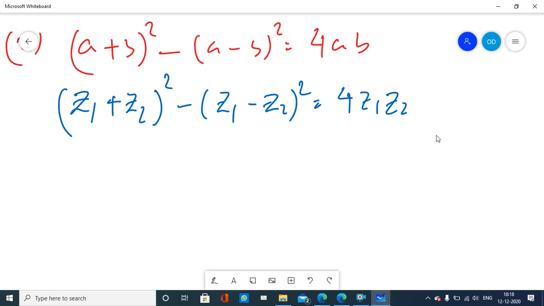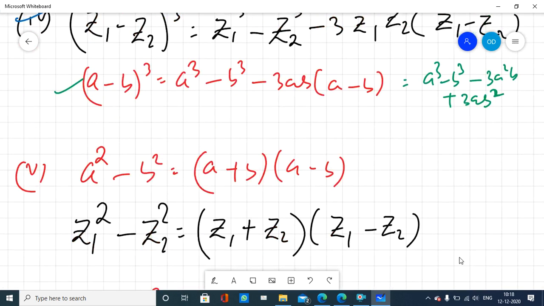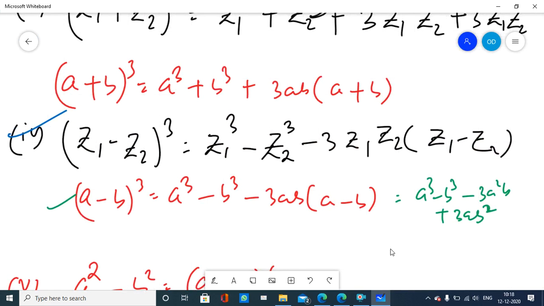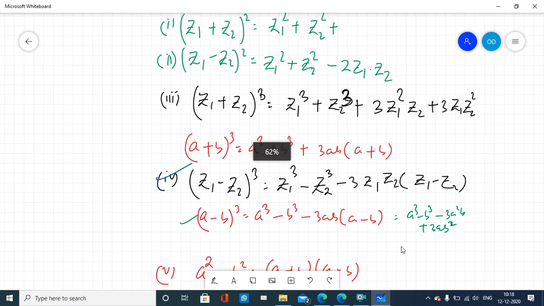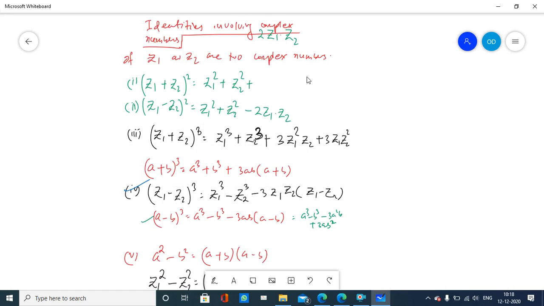Okay, the same formula goes here also. So these are the identities involving complex numbers, which are similar to the identities involving real numbers. So not very difficult to memorize. Even you don't have to memorize, because already you know this formula for real numbers. So the same applies in case of complex numbers also.